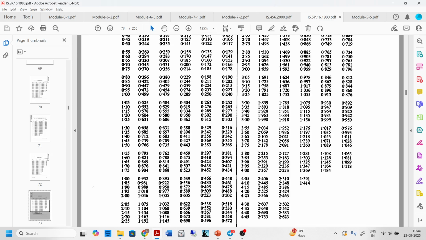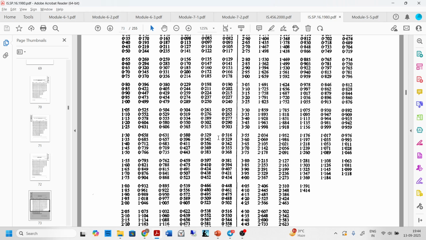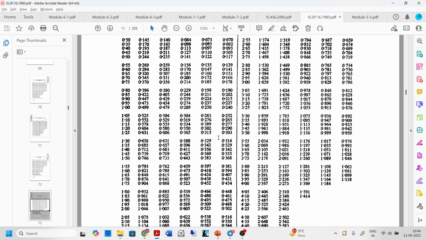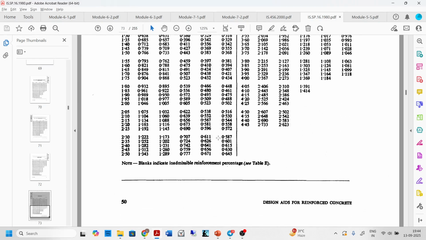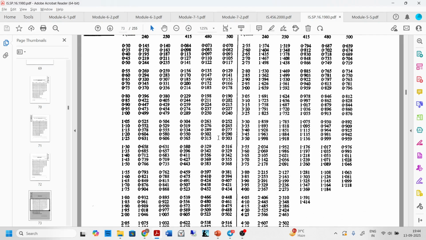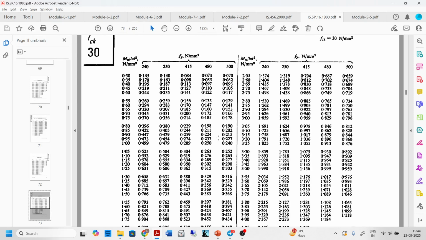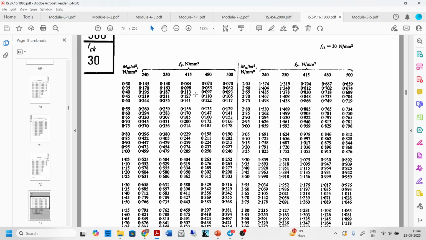We will get a value between 0.355 and 0.368. From interpolation you can find out the value of Pt as 0.356. This is a very effective way of finding the value of Pt. Using these tables, we can obtain the value of Pt.